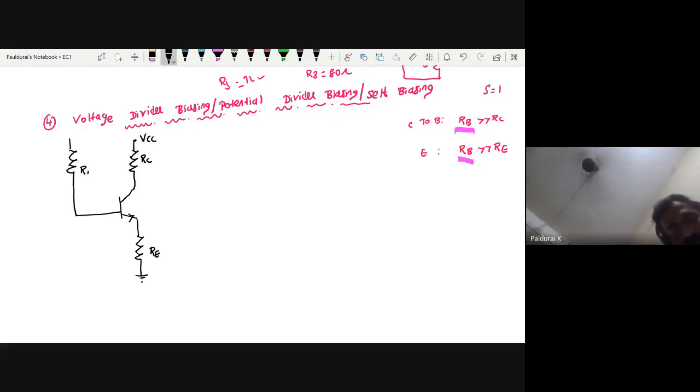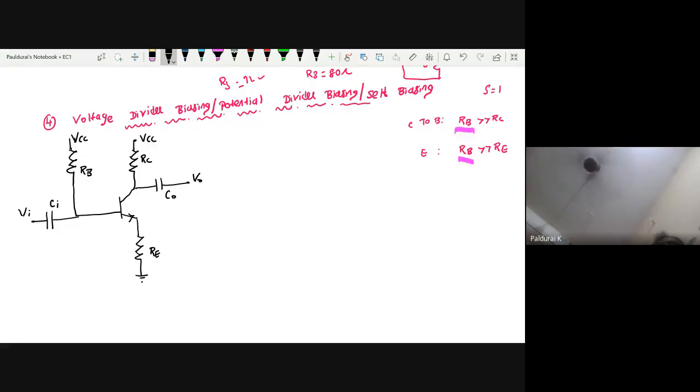This is my RB and this is my VCC. This is the DC equivalent full circuit. You give Vi via the input coupling capacitor and take Vout via the output coupling capacitor. This is the circuit diagram for emitter bias.